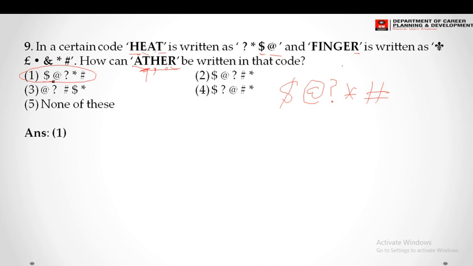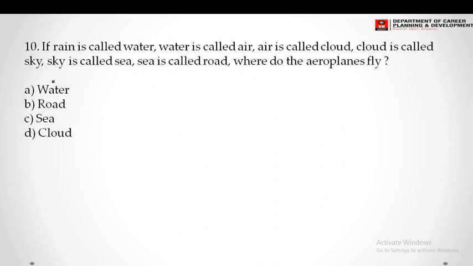So next one is a question, this one is a very important question, and these are the most simple questions. If rain is called water, water is called air, air is called cloud, cloud is called sky, sky is called sea, sea is called road.